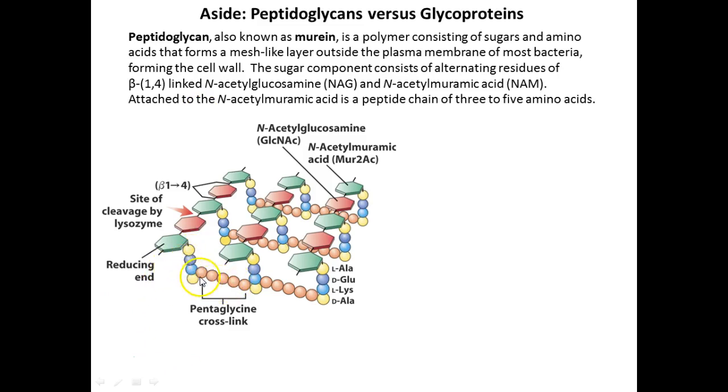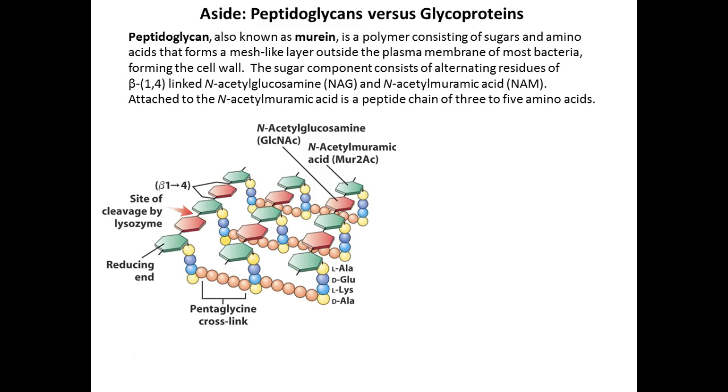And especially for gram-positives, because they tend to have a lot of layers, they have an additional set of amino acids that cross-link the first set of amino acids. So layers upon layers, imagine like a jawbreaker. Layer upon layer of that candy, layer upon layer of the sugars linked with the amino acids. This is a very rigid structure, but it's very porous. Stuff can go in and out of it very easily.